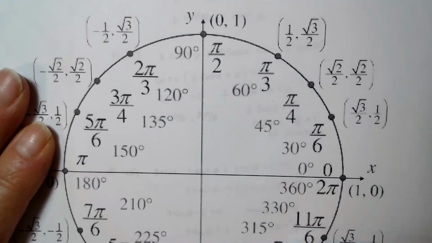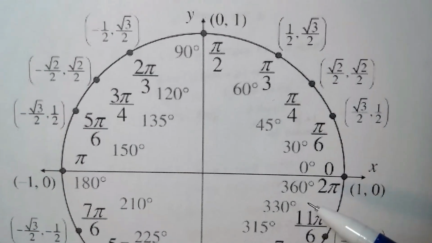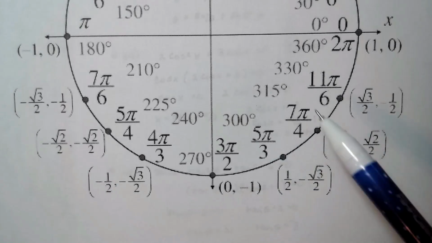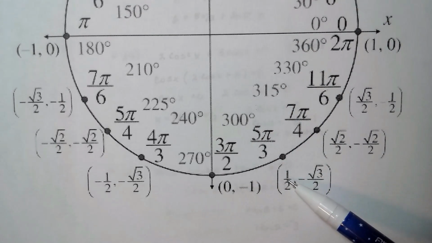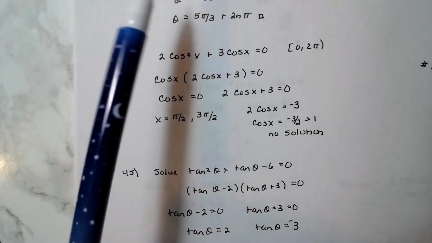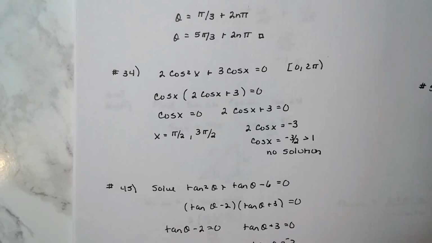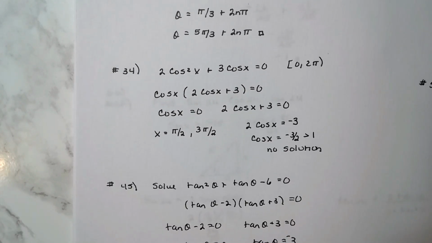If I go 2 more pi, I end up here again, right? So that's your 2n pi. The other one down here is 5 pi over 3. You notice that the denominators are the same, and there's your cosine of positive 1/2. So the answer is pi over 3 plus 2n pi and 5 pi over 3 plus 2n pi. Not too much to do there. It's a pretty simple equation to solve.